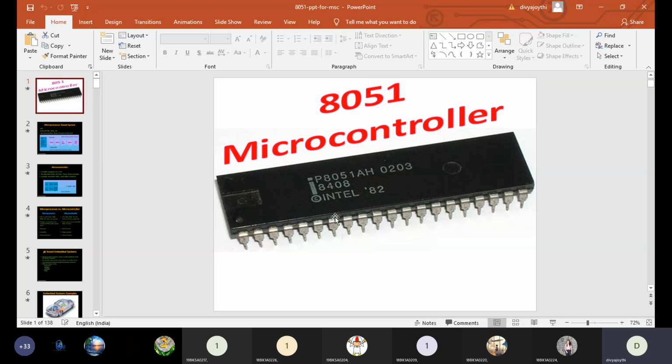And data memory is the one which the end user will be accessing. Whatever we do with the computer will be stored in the data memory. The OS is also just a set of programs, so that is stored in program memory.